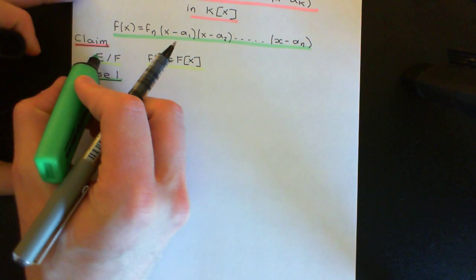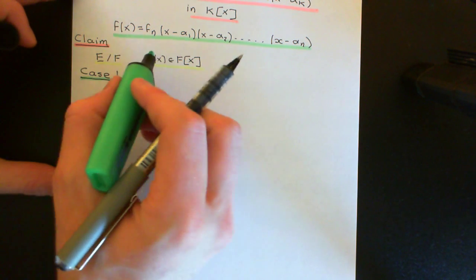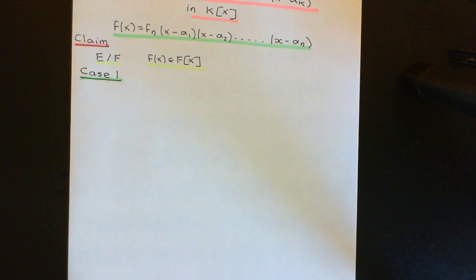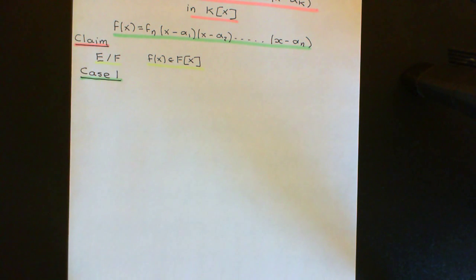I.e., if you look at this polynomial f of x in the ring of polynomials over E, it's not going to be possible to split it down into a product of linear factors. So you haven't got all the roots for the polynomial in here. The other case is where it is a field over which the polynomial completely splits, so it does contain all of the roots. But we'll start off with this case.